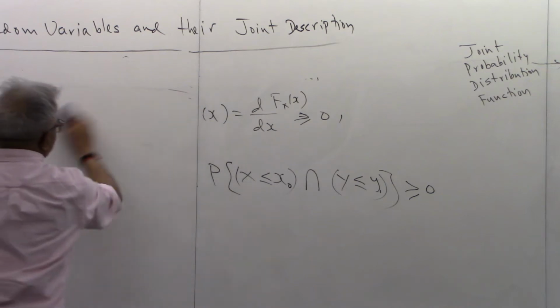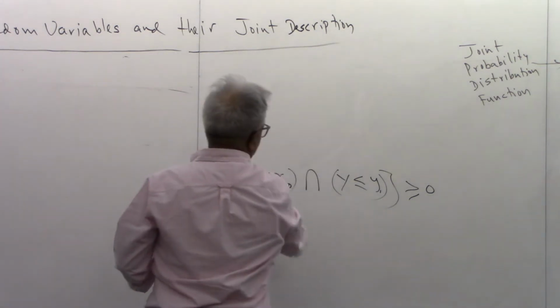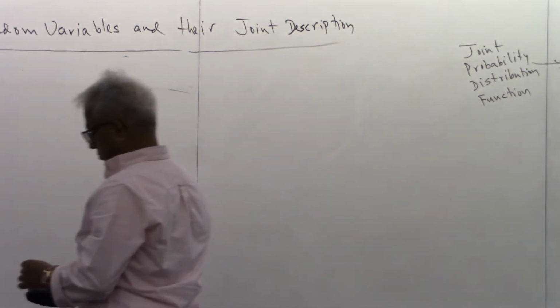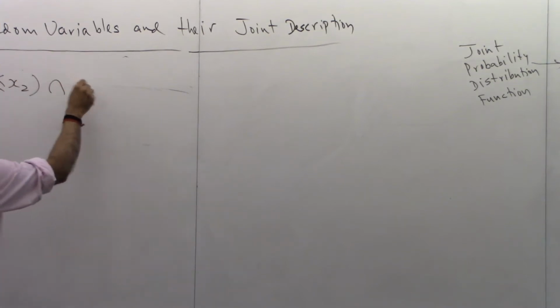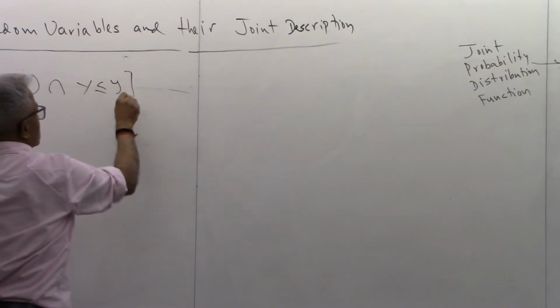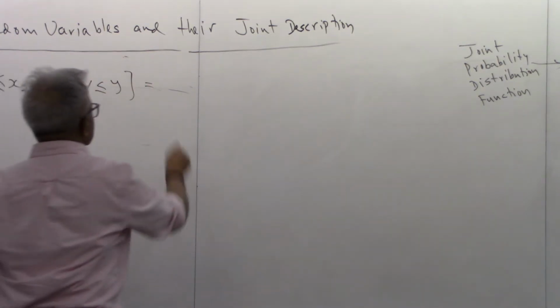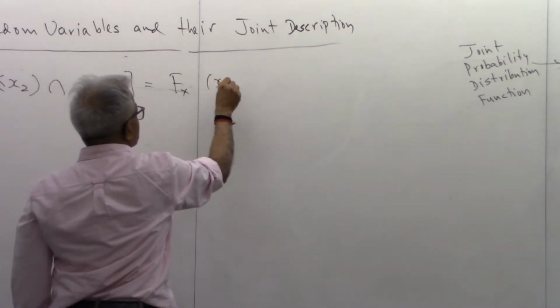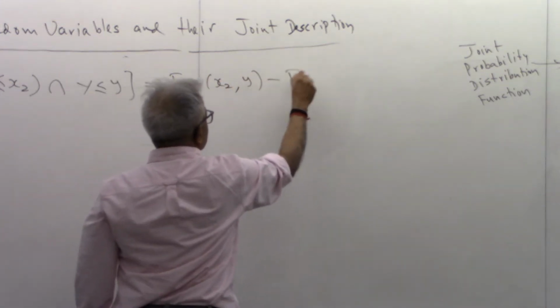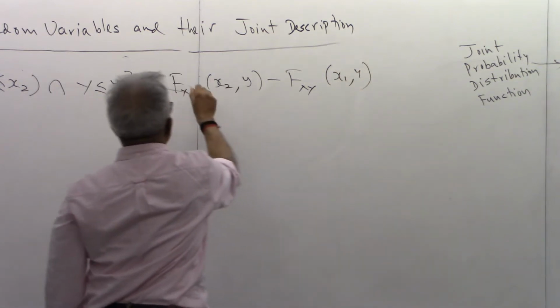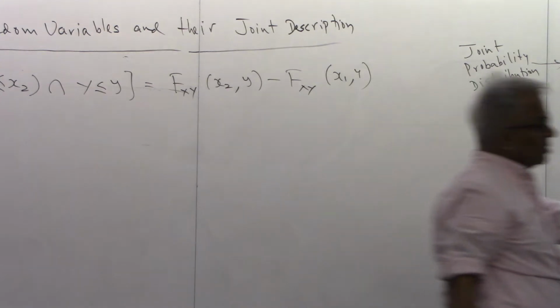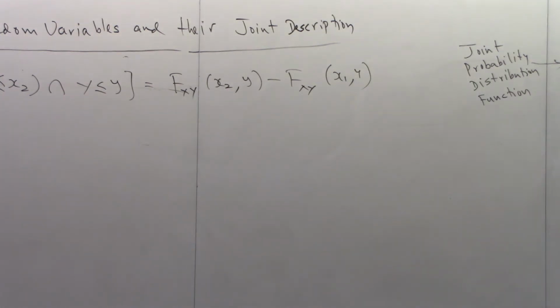So you saw the properties there. I'm just copying from this line. This minus this is that.